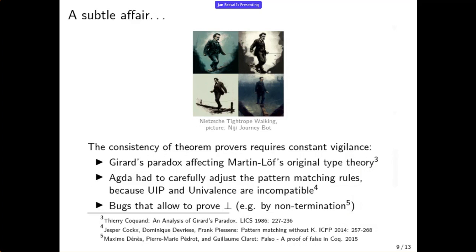And if we find something like that, then it also draws into question, what did we actually prove with our theorem provers? And there are theorem provers out there, or dependently typed languages, which are actually happy to accept these paradoxes and just live with the inconsistency.